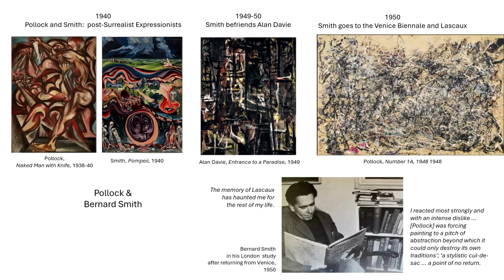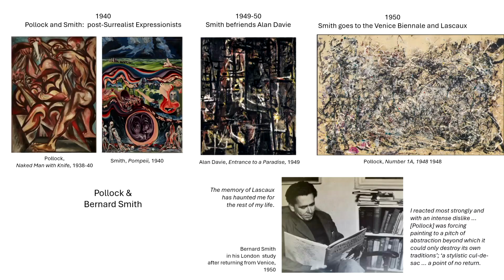He discovers Pollock in 1949 through Alan Davey, who he befriends. Alan Davey is generally regarded as the first European to discover Pollock. He discovered Pollock at the Venice Biennale in 48 and starts painting like that. And as Bernard said, he's raving about Pollock.